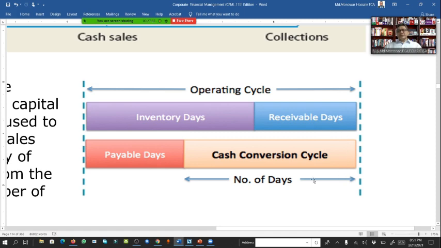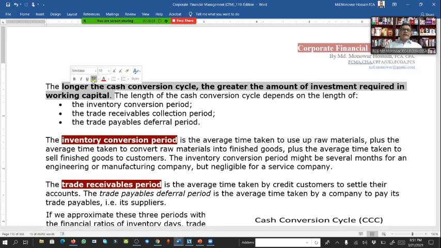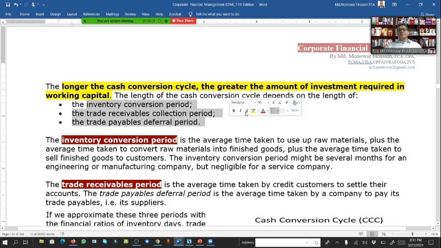The remaining one is the cash conversion cycle. The longer the cash conversion cycle, the greater the amount of investment required in working capital. If the conversion cycle is longer, then we have to keep money tied up in working capital, for example, debtors or receivables, etc. The length of the cash conversion cycle depends on the length of the inventory conversion period, trade receivable collection period, and trade payable deferral period.